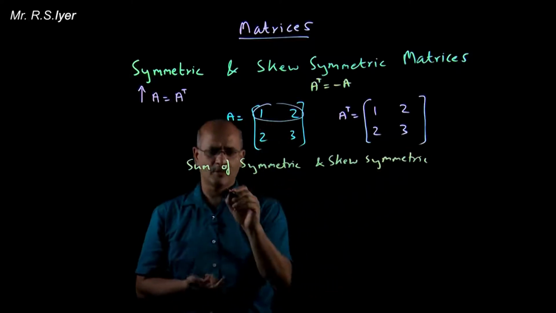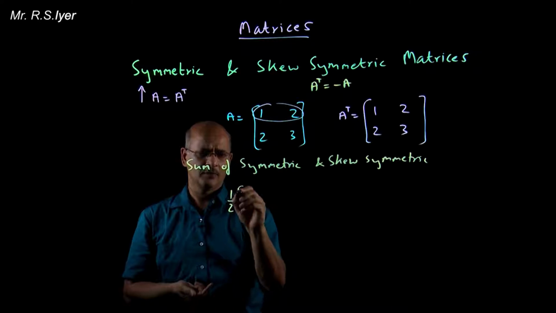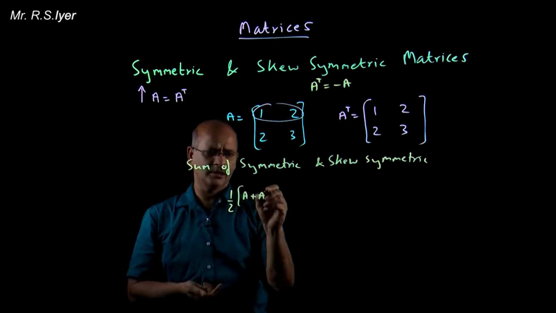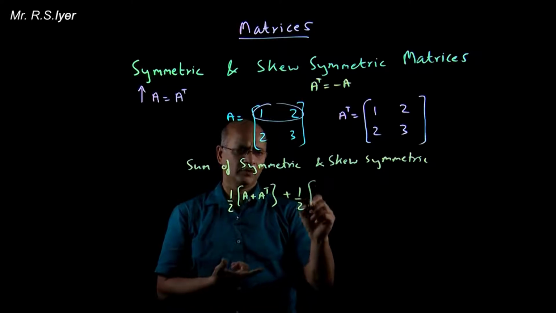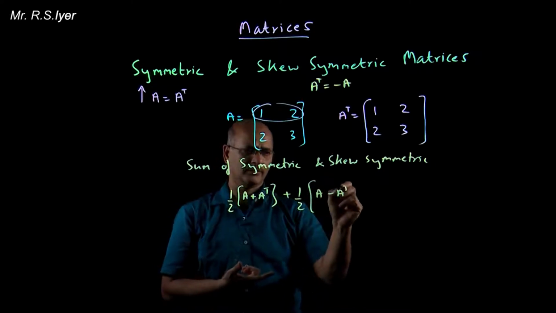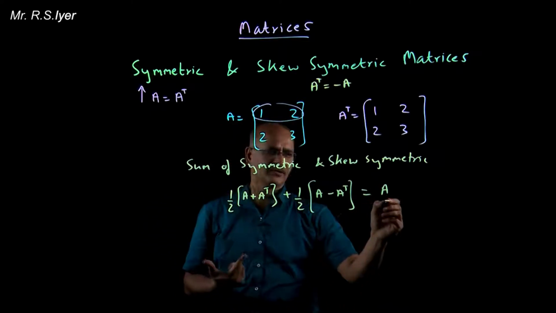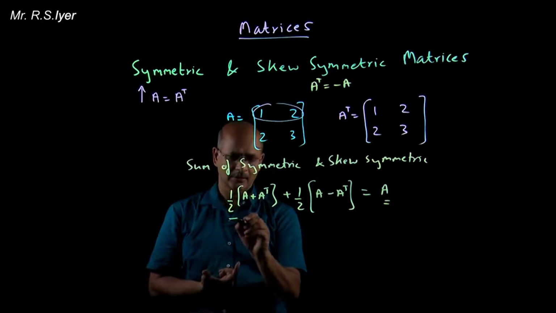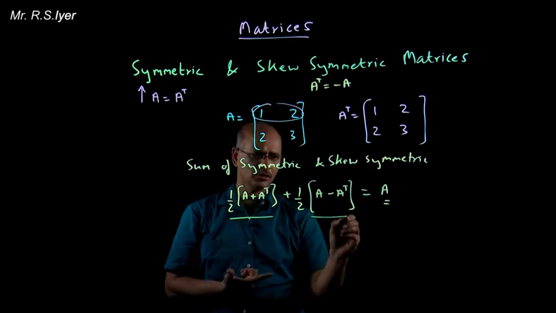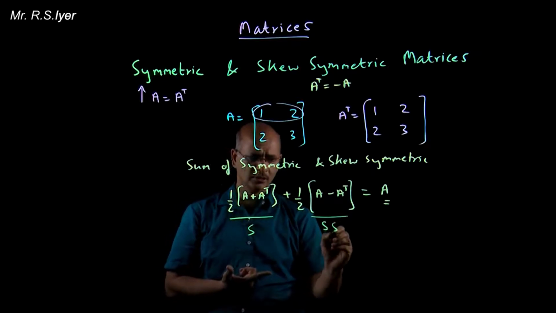It is given by the formula: half of (A plus A transpose), this is the symmetric part, plus half of (A minus A transpose), gives you matrix A. So, you are expressing a matrix A as the sum of symmetric and skew symmetric.